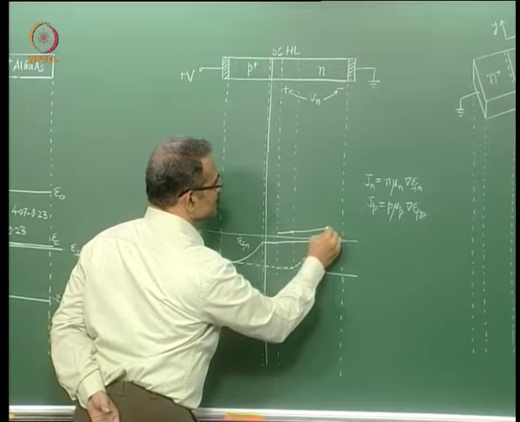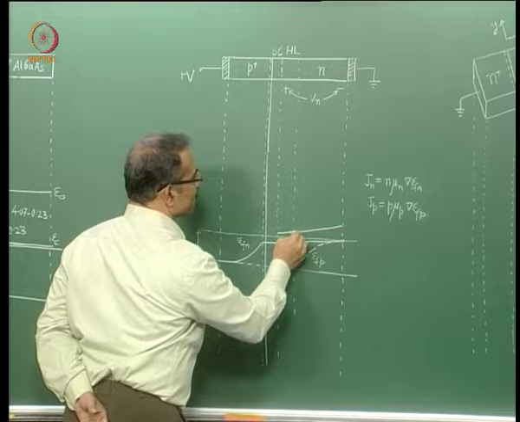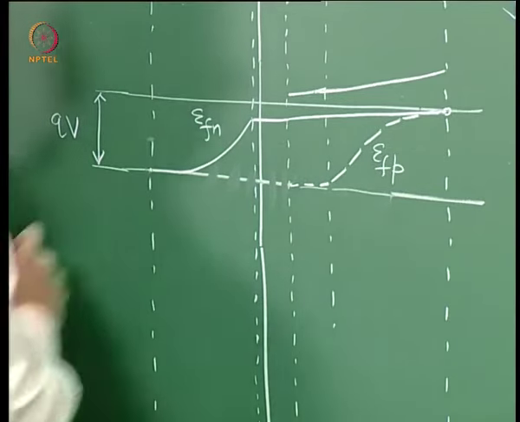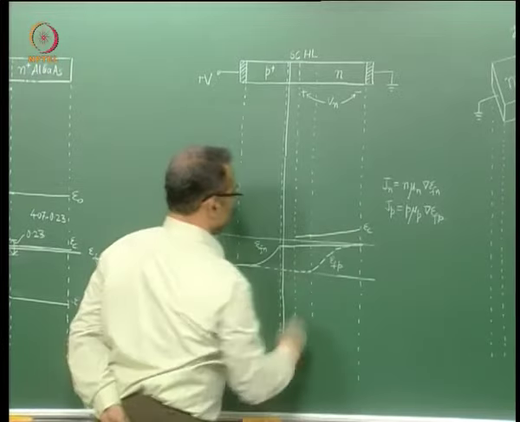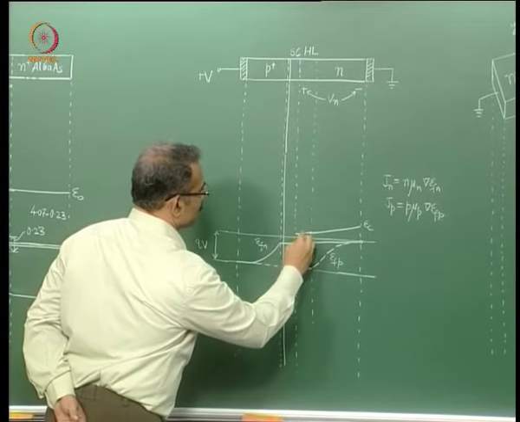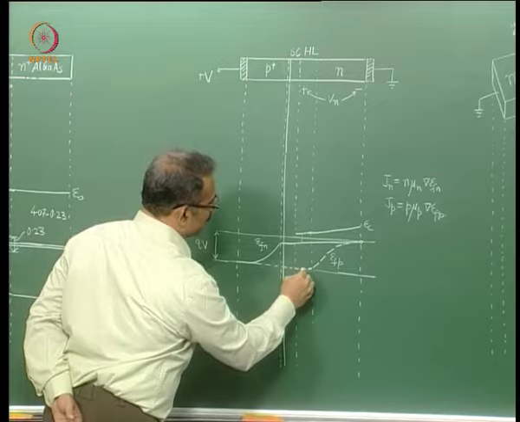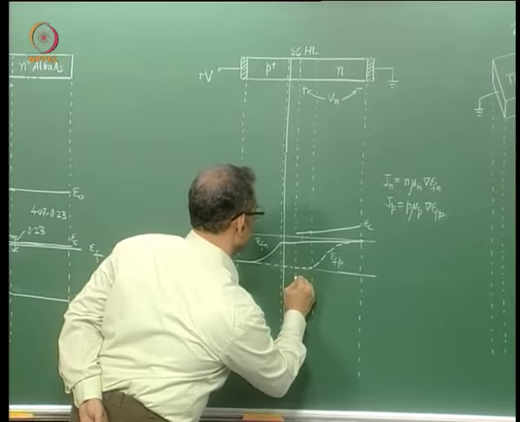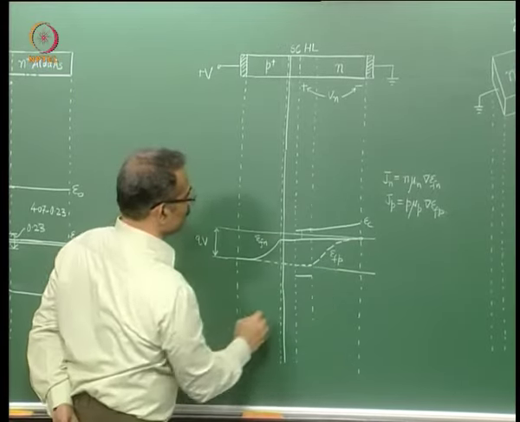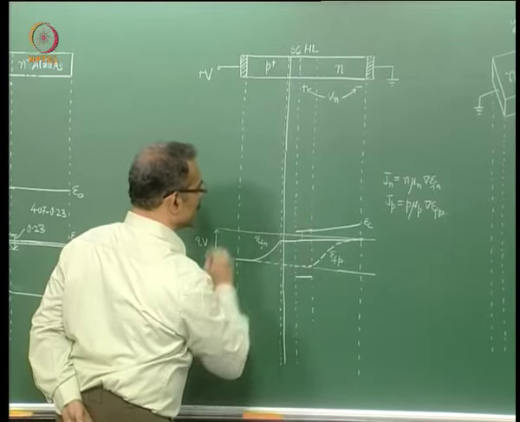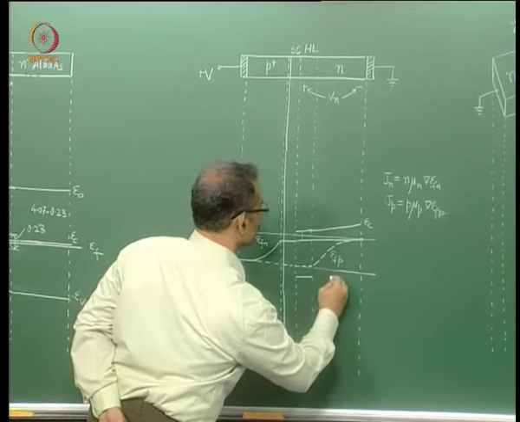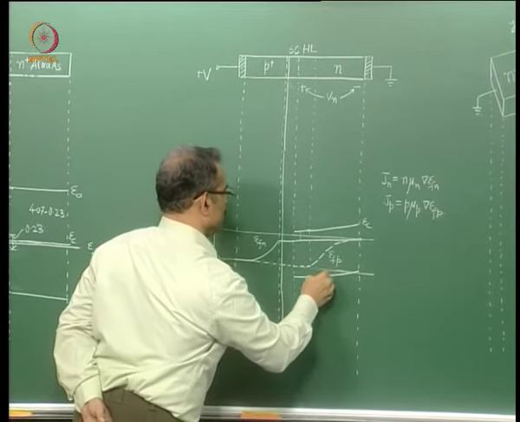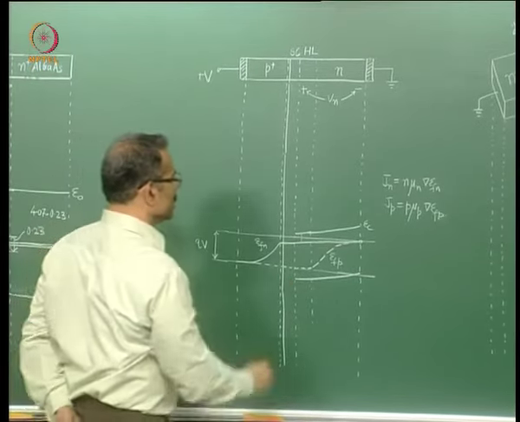So something like this. The diagram is not exactly to scale. So this is your EC. Now your EV, this distance should be the same as the distance between EFP and EV, and the EV should be parallel to EFP. It is parallel to EC also because the energy gap should be the same. So something like this. So this is your EV.